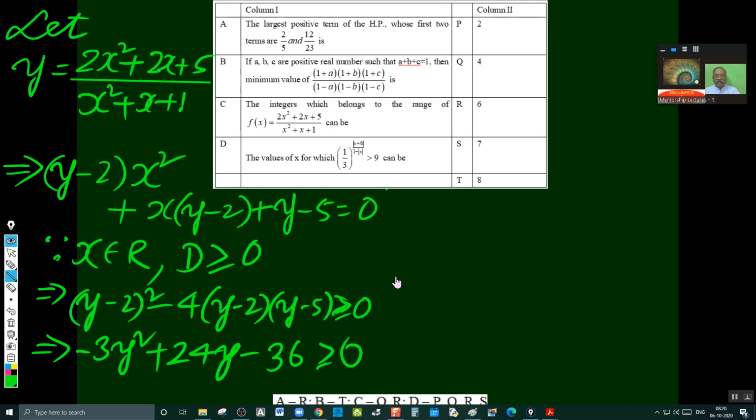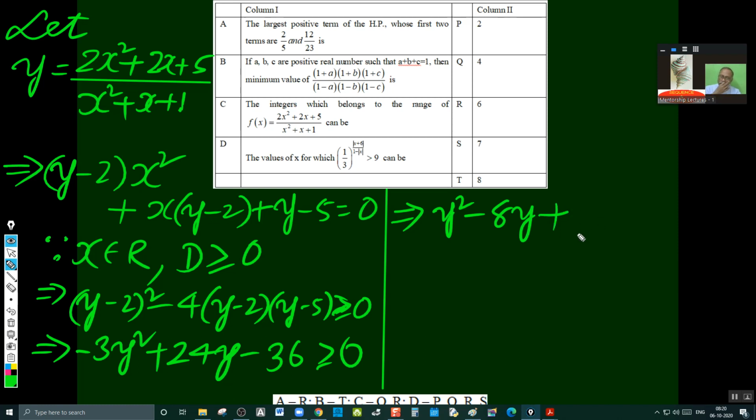Now divide by minus 3, and thereby you will get y squared minus 8y plus 12 less than or equal to 0.